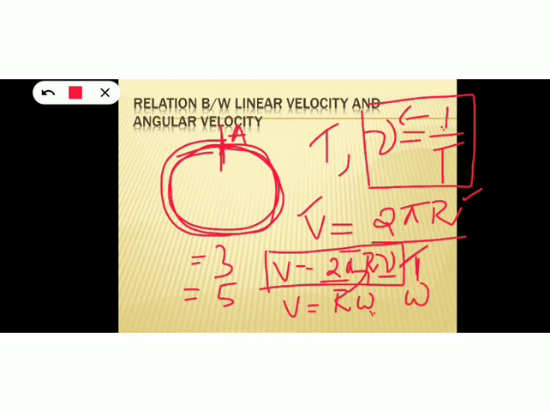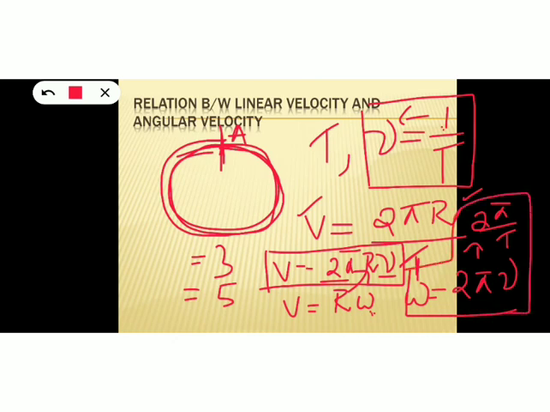So what is the expression for omega? Another expression for omega is omega equal to 2 pi nu, also omega equal to 2 pi by T, because nu is equal to 1 by T. So both are expressions for omega. This is omega equal to 2 pi nu, the expression between frequency and angular velocity, and omega equal to 2 pi by T is the expression relating time period and angular velocity.